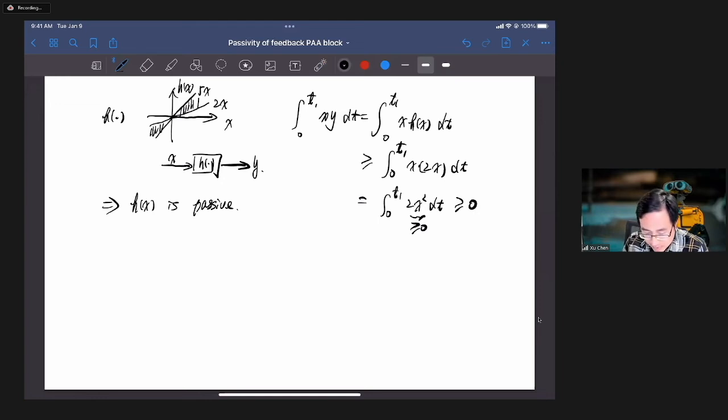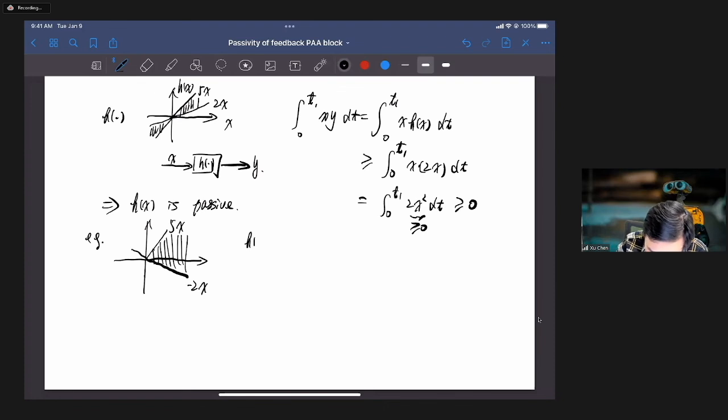Before we move on to talk about the composition, let me ask you guys, if your sector bound looks like this, let's say h of x is lower bounded by negative 2x, upper bounded by 5x, can we still induce passivity of the sector nonlinearity block over here?